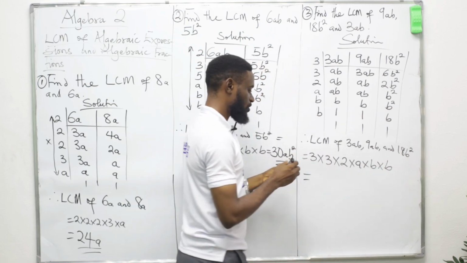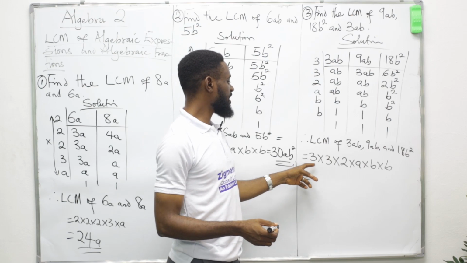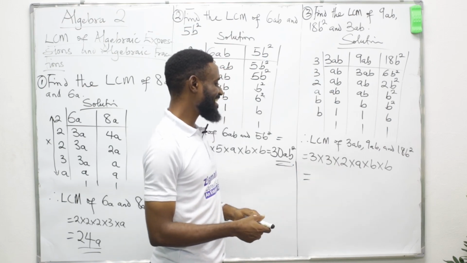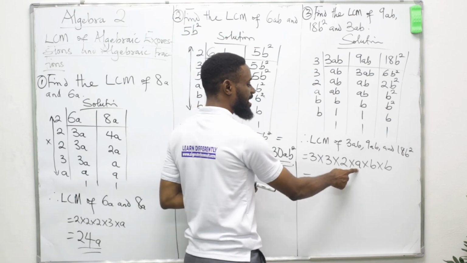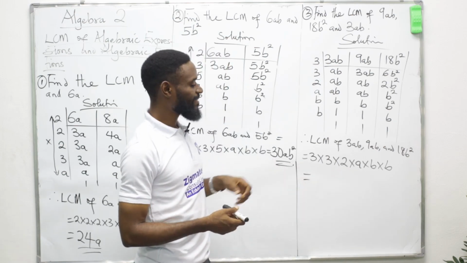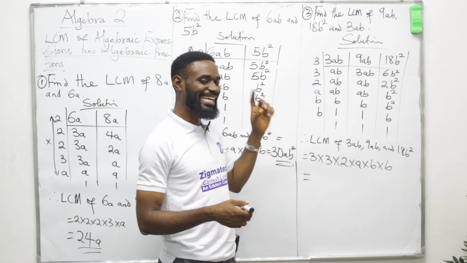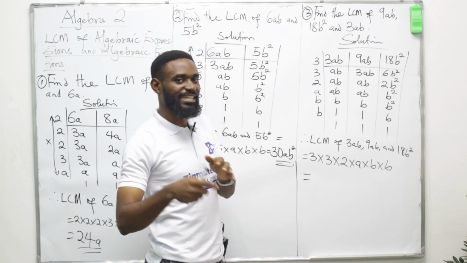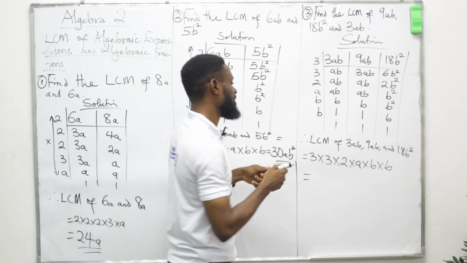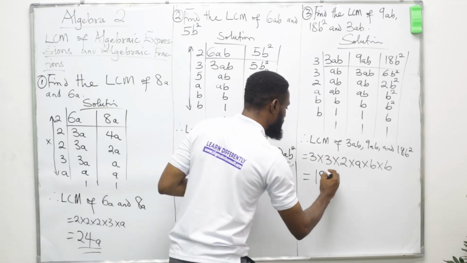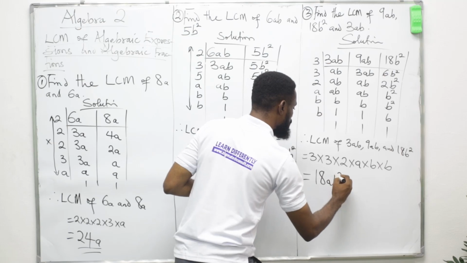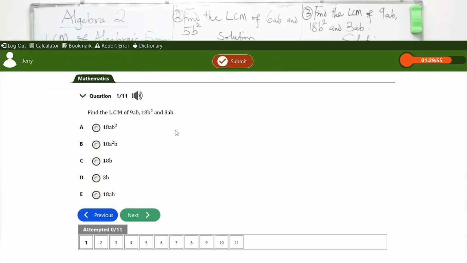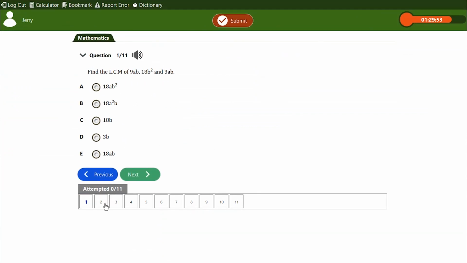Okay? So 3 times 3 is 9. 9 times 2 is 18. 18 times a is 18a. 18a times b is 18ab. 18ab times b again is 18ab squared. So the answer is 18ab squared. And if we look at our options, option A is our right answer there.